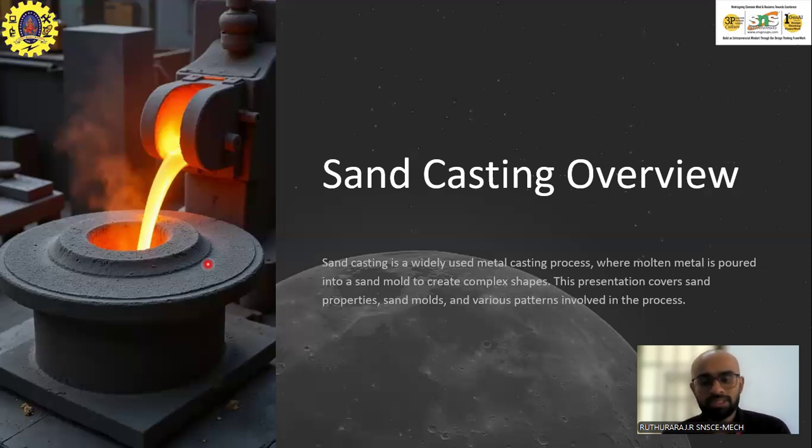So why are we using sand? That's the next question. Typically sand is reusable. And if you see the properties of sand, sand is flowable, which means that you can easily move the sand particles. And then sand is refractory in nature. Refractoriness means the ability to withstand high heat.